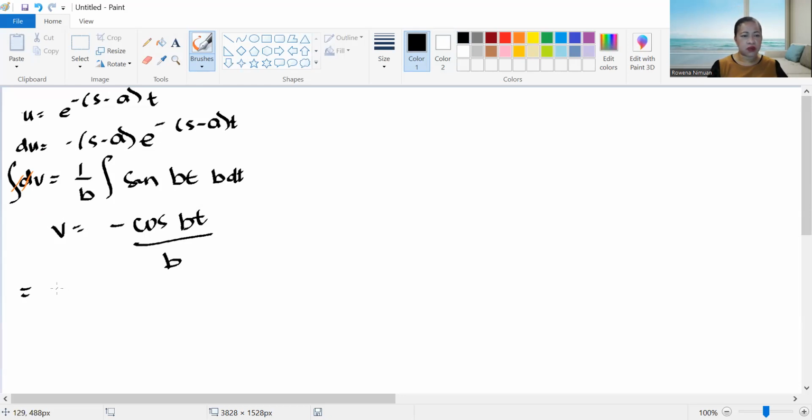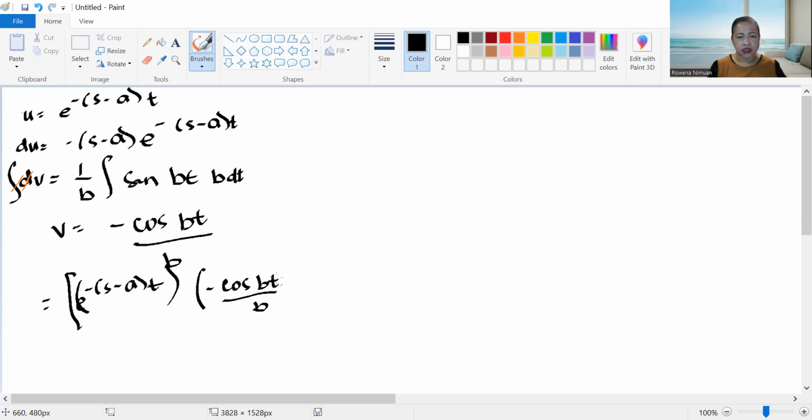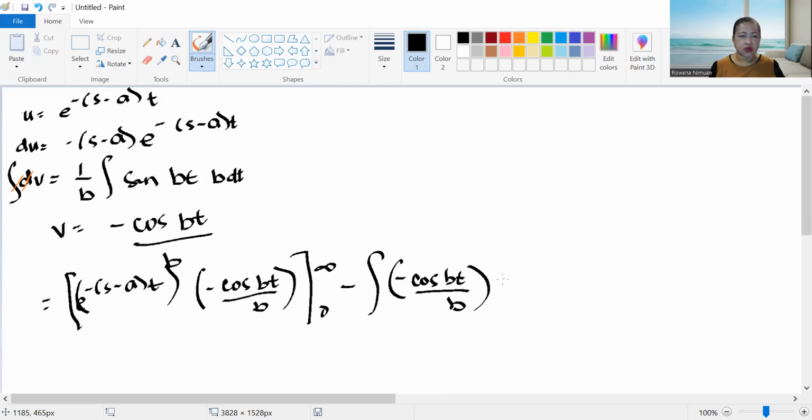So this will now be equal to u, which is e to the negative (s minus a)t, times v, negative cosine of bt divided by b, evaluated from 0 to infinity, minus the integral of v, that is negative cosine of bt divided by b, du.